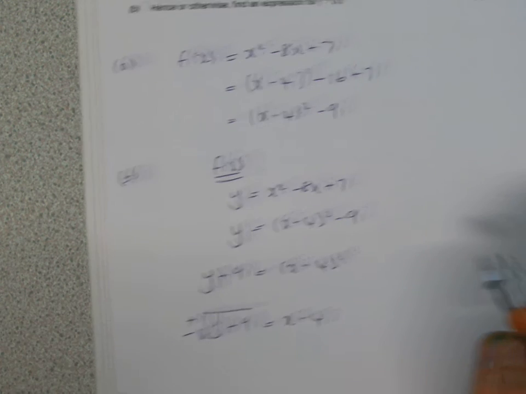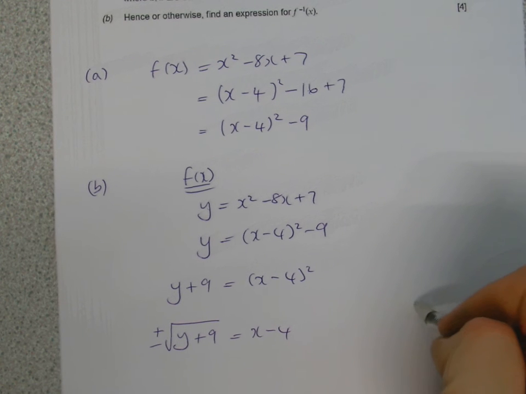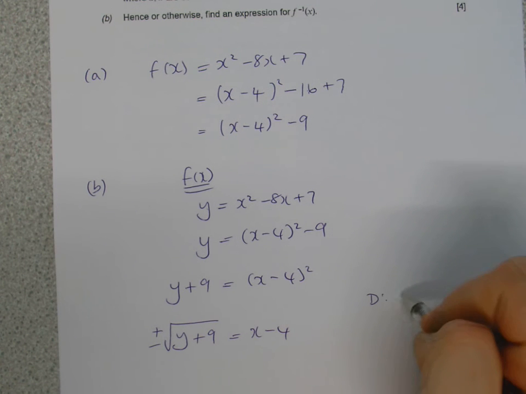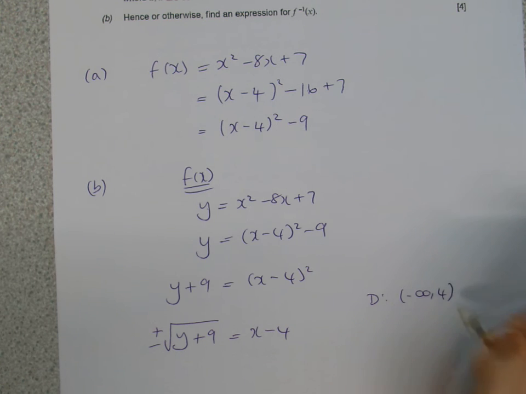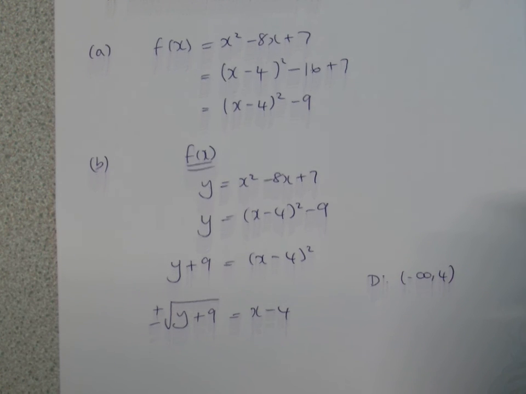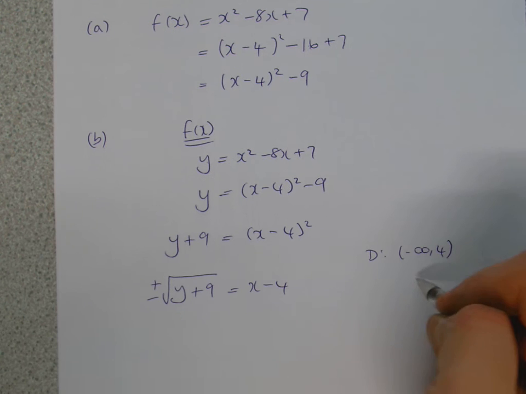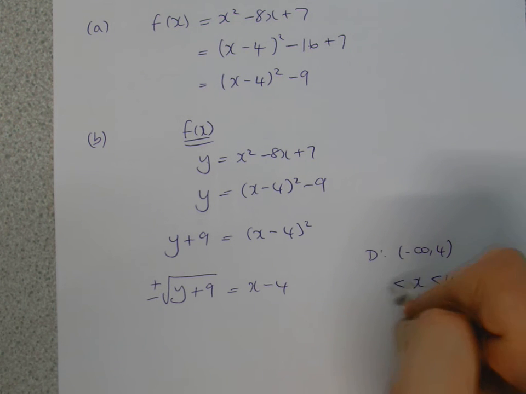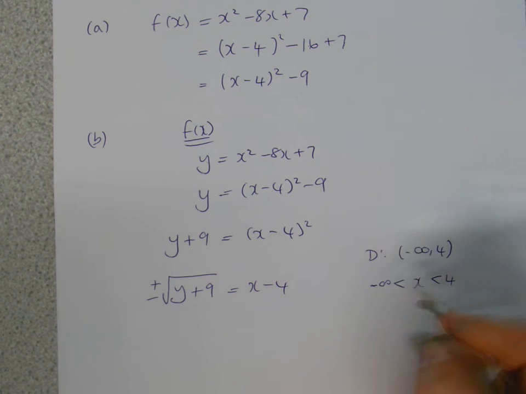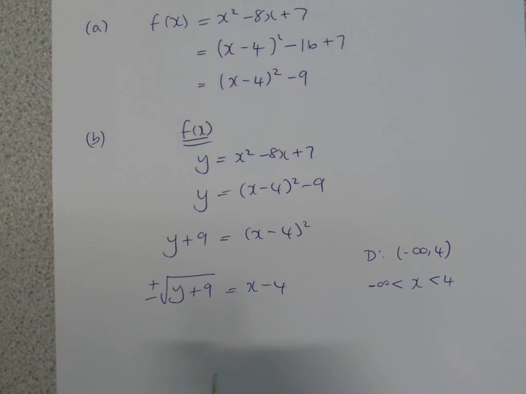And that all boils down to the domain. When we look at the domain of f, the domain is minus infinity to 4, that's what they said in the question. I would write this out and look at how spread out it is. The values are going to be mainly negative for x, because it goes to minus infinity, so we should be thinking about taking the minus root.